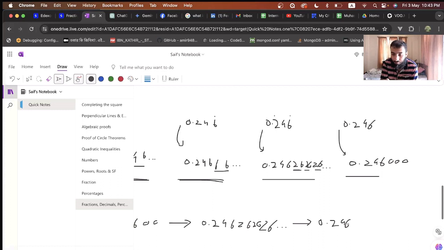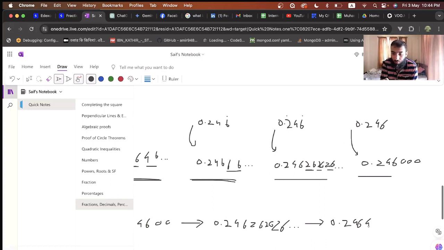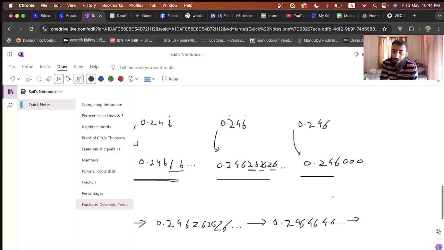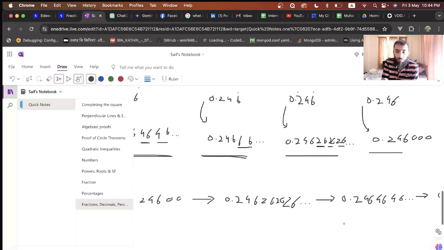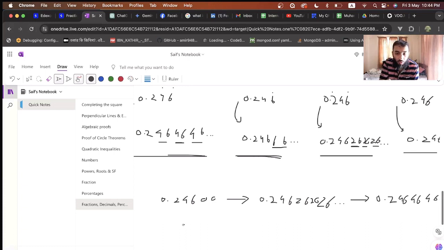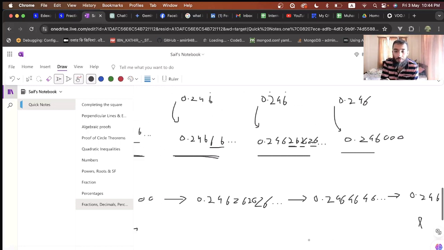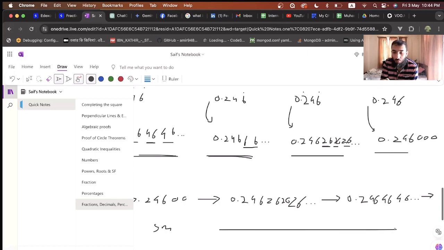And then the biggest number here is 0.24666, which is recurring. So this is the order, smallest to largest.